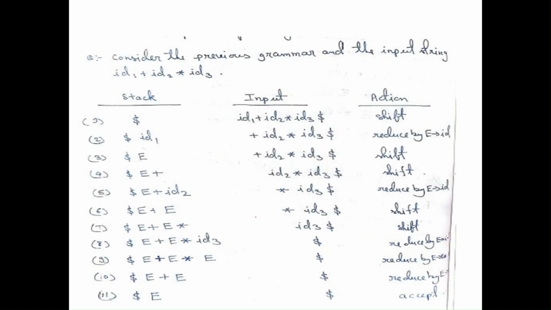Okay, just consider the example that we have discussed earlier. Initially, the stack contains dollar. Input is what? W concatenated with dollar. What action is done? Shifting. ID1 is shifted to the stack. Next input becomes plus ID2 into ID3 dollar.